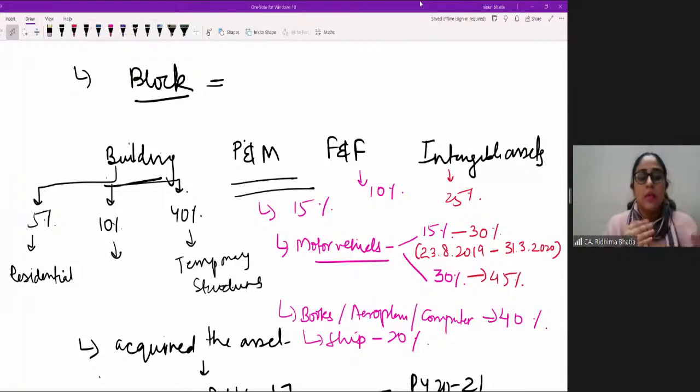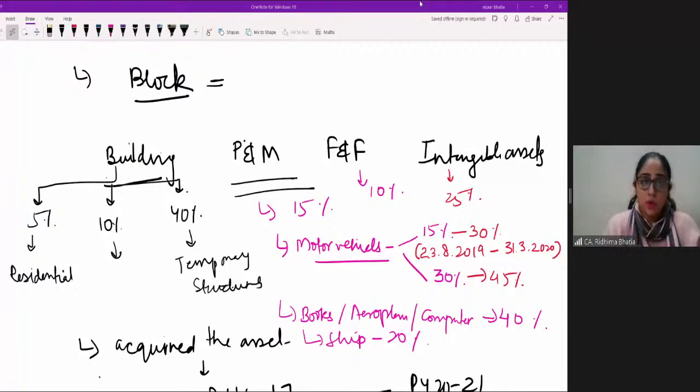Whether it's a lessor-lessee agreement, operating or financial lease, or hire purchase, you just have to see who is ultimately getting the right to the asset. If the lessee is getting the rights ultimately after all the payments, then it would be treated as a purchase made on installments, and the lessee will get the depreciation benefit.